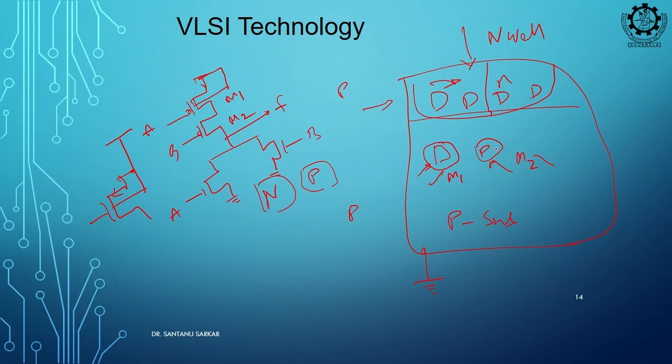So, if you have a separate well, you can short this bulk to its source, that is also possible. Getting my point? You think about it, we will discuss this later.